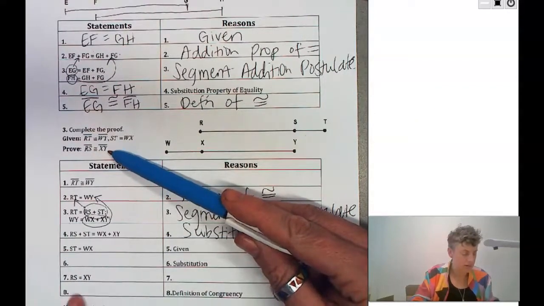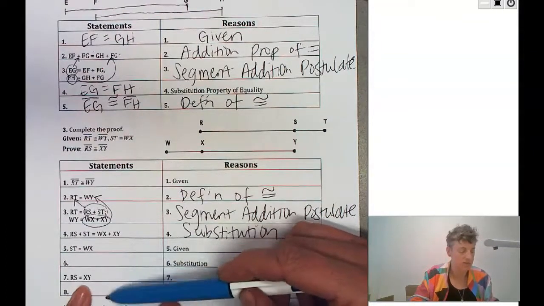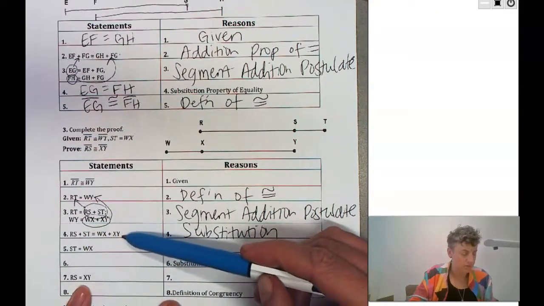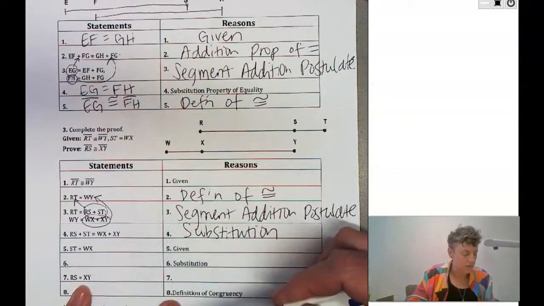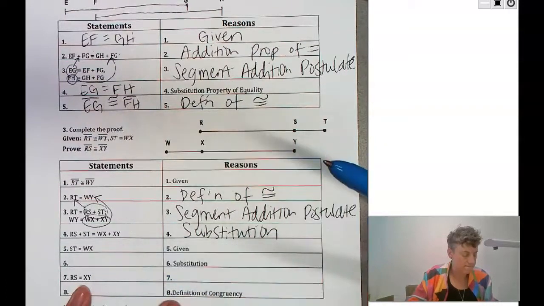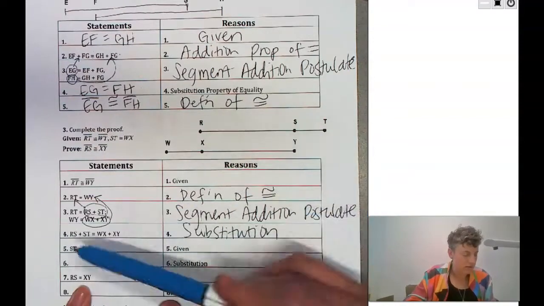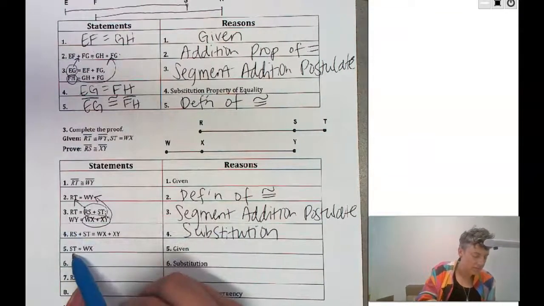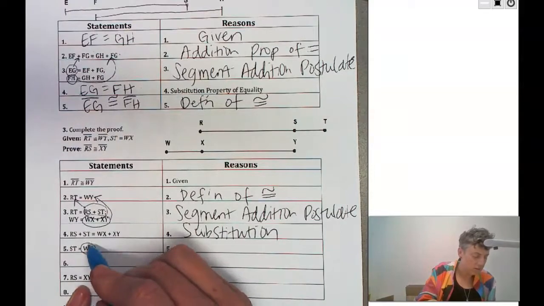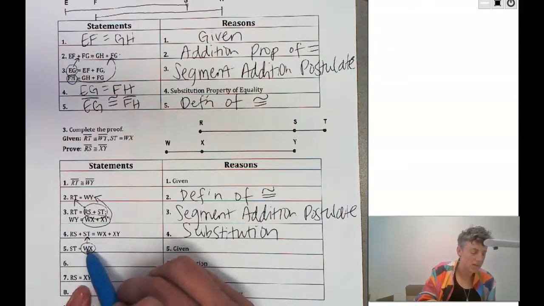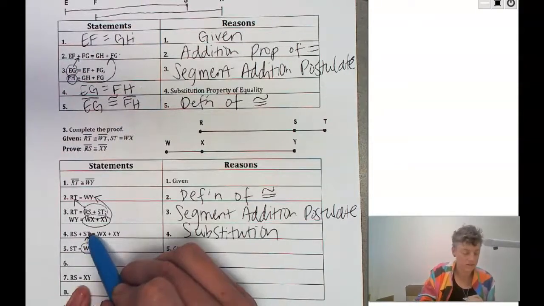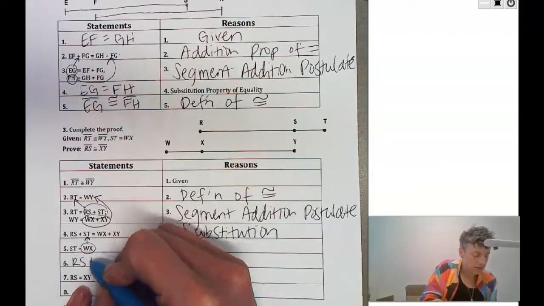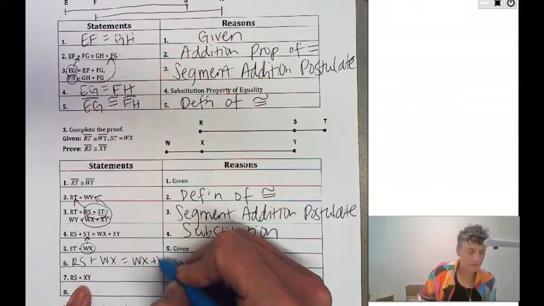So we're going to need to get to RS equals XY first, and then they'll be congruent by definition of congruence. So we have RS plus ST equals WX plus XY, and ST equals WX. We're trying to get RS to equal XY. Oh, I see. Let's plug WX in here, since it equals ST, so anywhere I see ST, I can plug in WX. So we'll get RS plus WX equals WX plus XY by substitution.